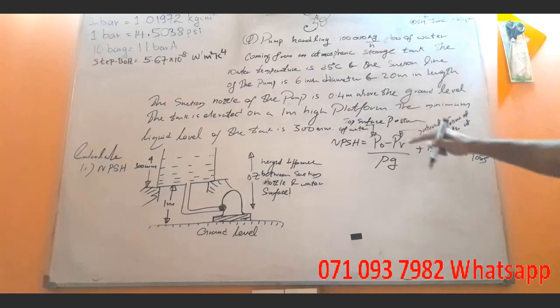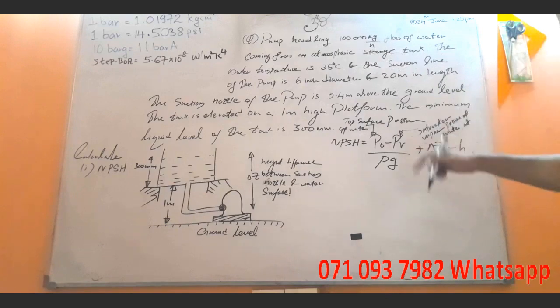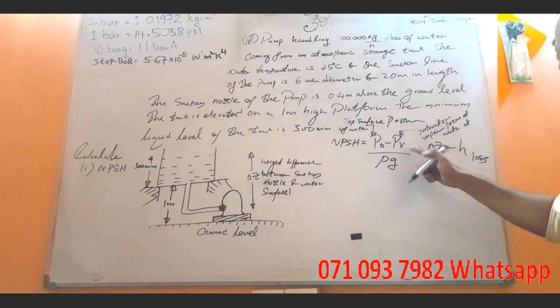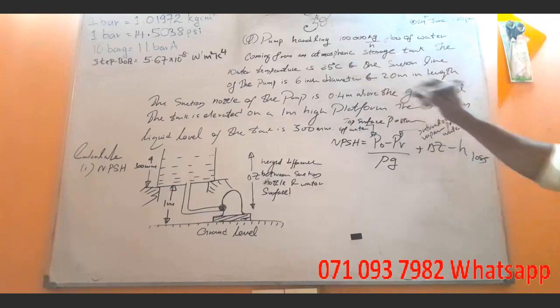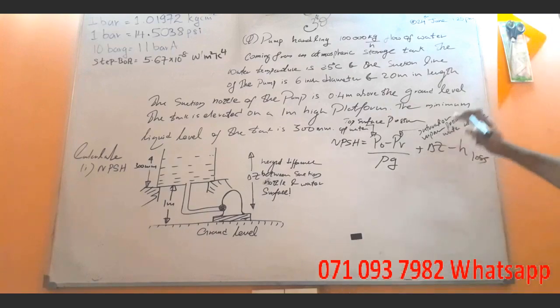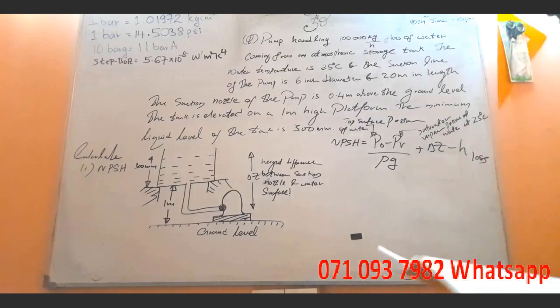PV is the saturation vapor pressure of water at 25 degrees Celsius. So that is also done.